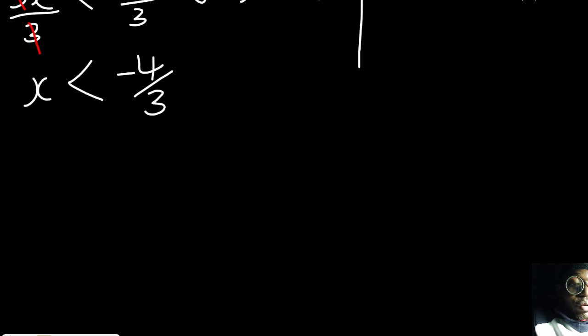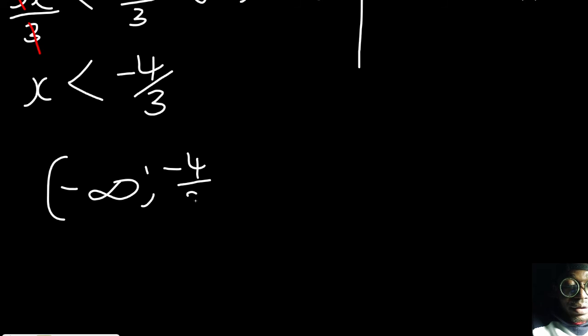Here x is less than negative 4/3, not equal to it, so it's from negative infinity to negative 4/3. We are using the round brackets, or parentheses, because nothing here is included.